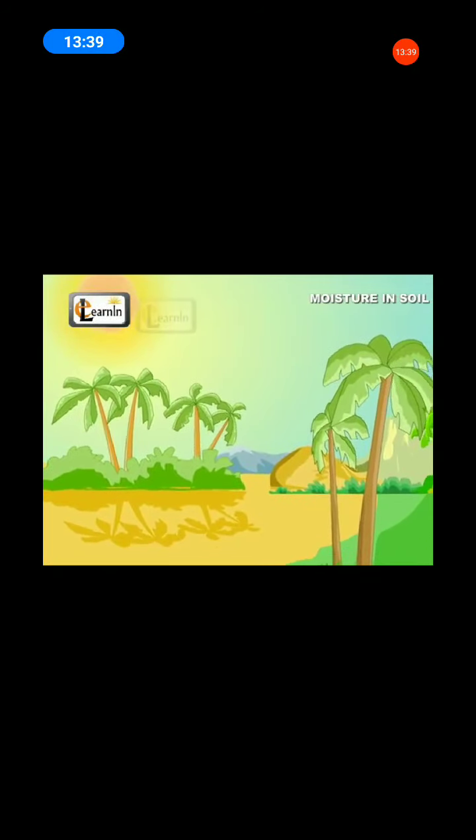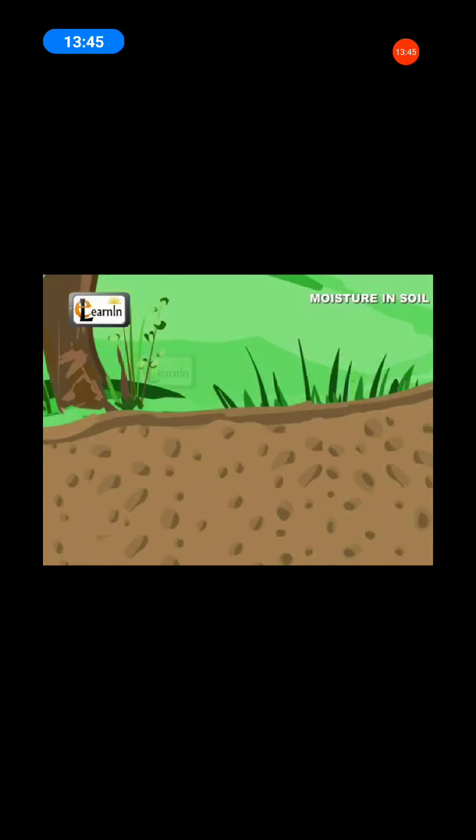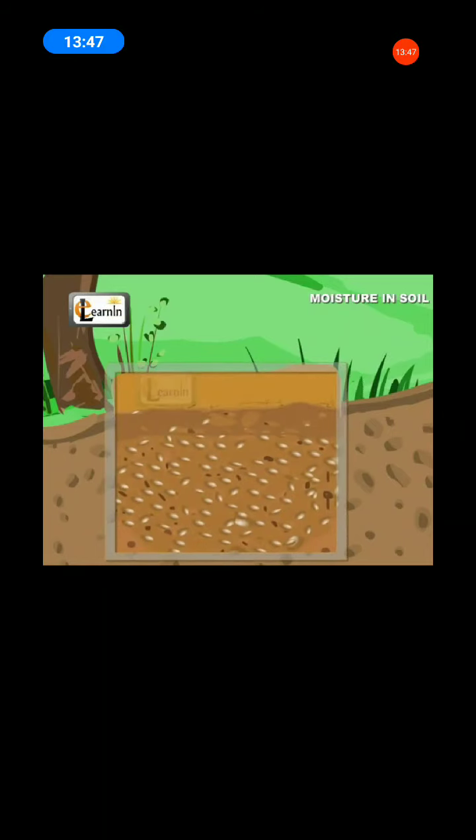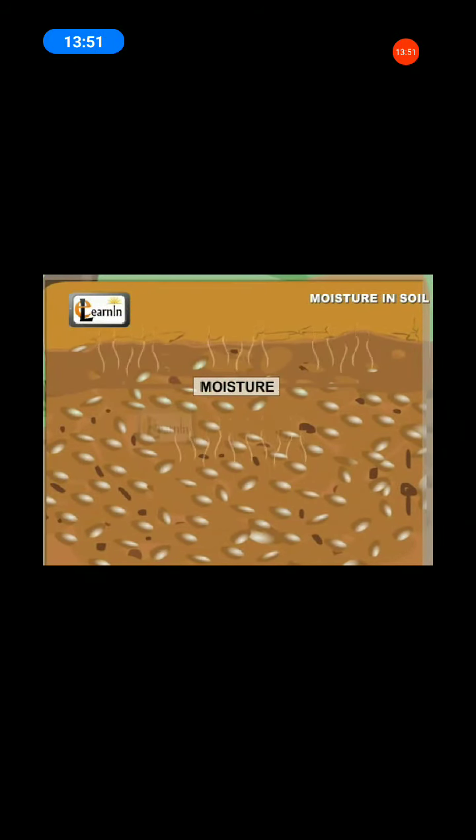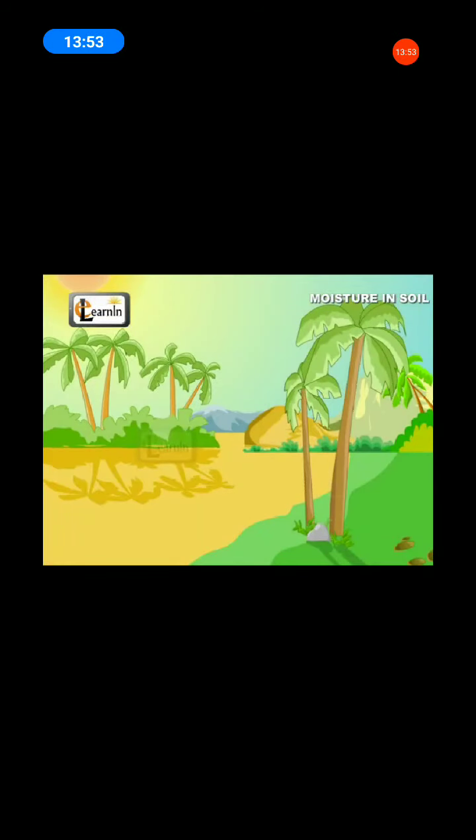Moisture in soil. During a hot summer day in a farmland, have you ever noticed that the air above the land is shimmering? This is due to the presence of moisture in the soil. Due to the heat, the moisture from the soil evaporates and the air above it seems to shimmer because of the condensed water vapor.